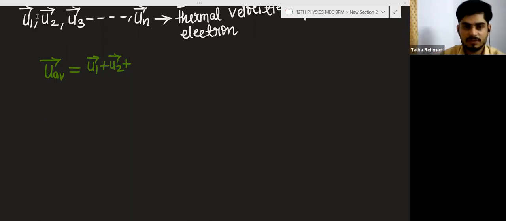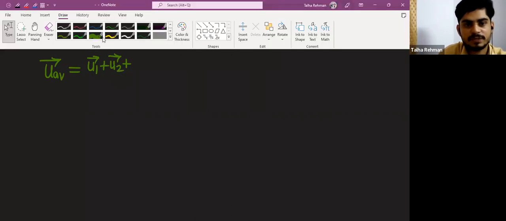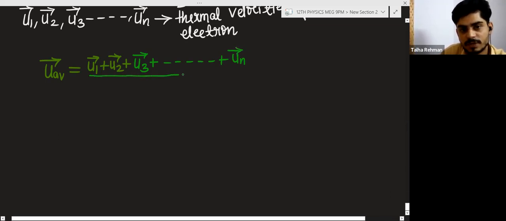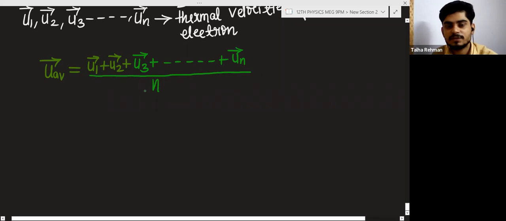So when you take the average of this, I am supposing there are n electrons here in the conductor. Un is the velocity of the nth electron, and when you take the average, you divide by n.